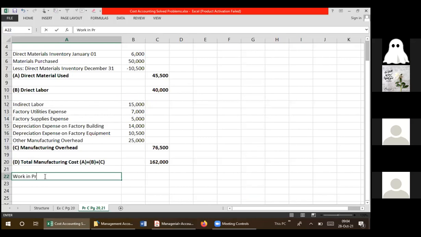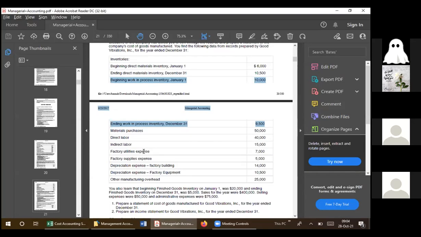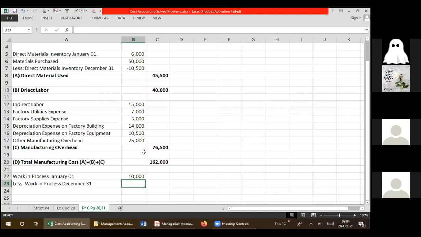Then less work in process December 31st. That's 9,500. So minus 9,500.